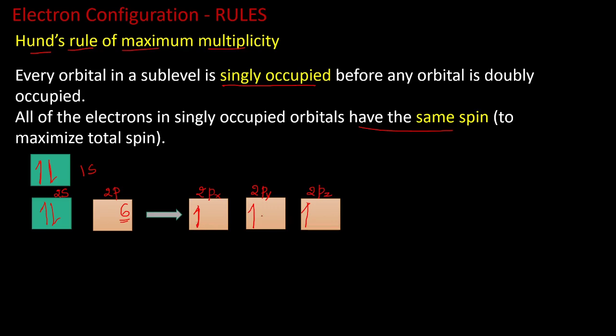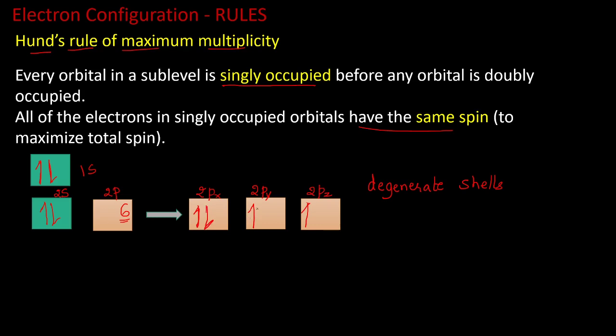Now these 3 orbitals, the 2px, 2py and 2pz, will have similar energies, and we also call them the degenerate shells. Now what happens to the fourth electron? The fourth electron would go and occupy 2px and would have the opposite spin.